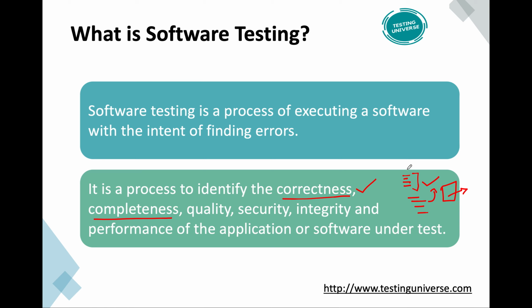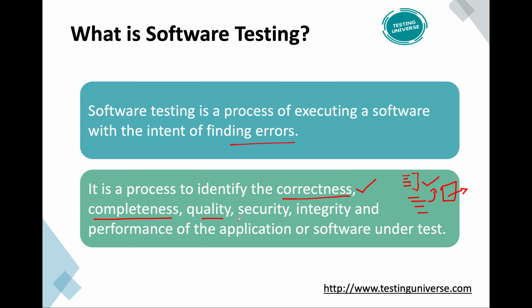So correctness, as per the requirements we are developing or not, and then completeness, whether it has taken care of all the requirements or not. Quality. When you say any product is a quality product, it should not have any errors or defects or something like that.